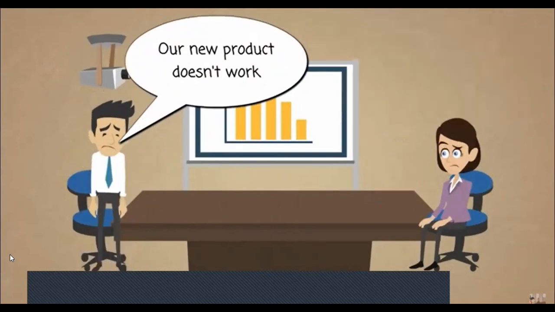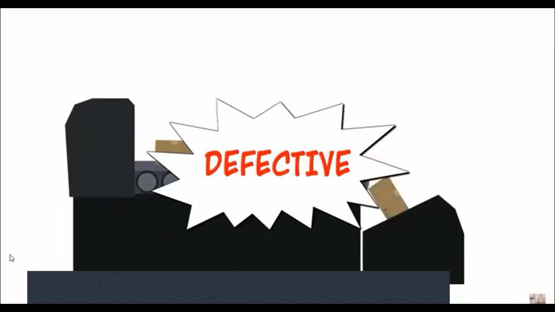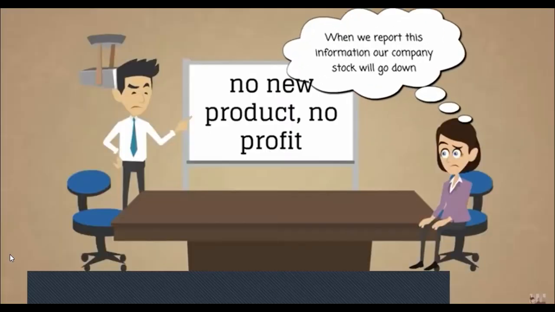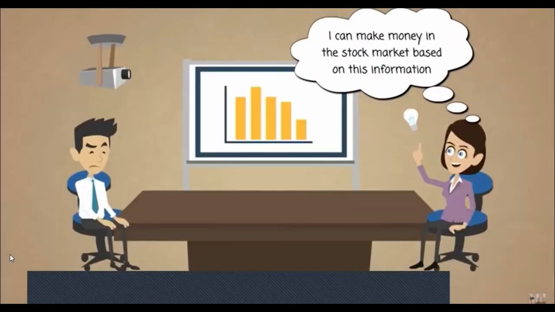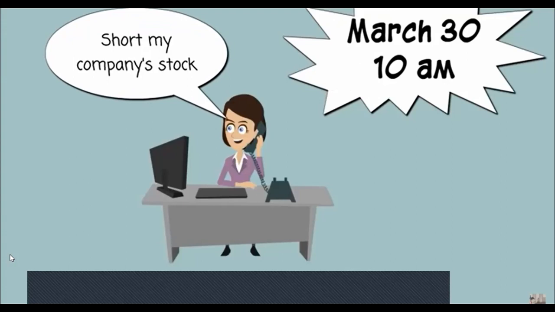They are insiders based on their status as executives of the company. The chief engineer has bad news. The company's new product does not work. Because the product is defective, it cannot be sold. The CEO is sure that when this information is released, the company's stock price will fall. But as of March 30th, the stock market is unaware of the important bad news. The CEO realizes that she can make money on the stock market because she knows in advance that the stock price will go down. After the meeting on March 30th, the CEO gives instructions to short her company's stock.